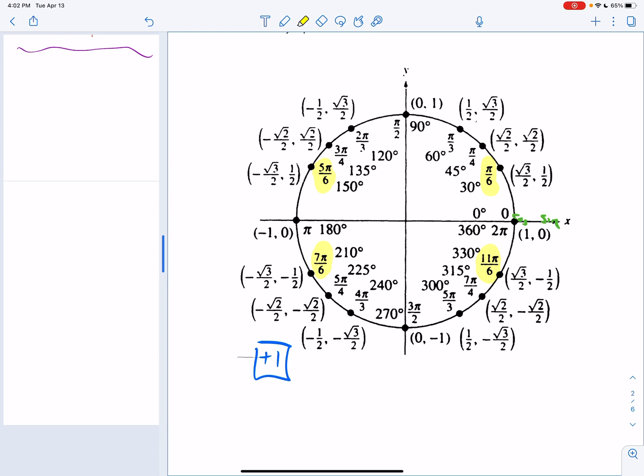If you take a look at sine, and I'll highlight it, their values don't change. It's some version of 1/2. Okay? So you're paying attention to the denominator. All right? Now, whether it's positive or negative, you just have to think about what quadrant you're in. So I'm going to give you an example here.